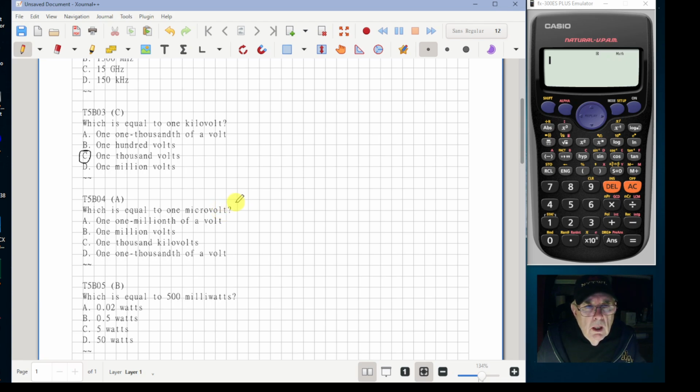Okay, so micro is times 10 to the negative 6. Micro is a millionth. So that's going to be equal to 1 millionth of a volt. So we're going to choose A.